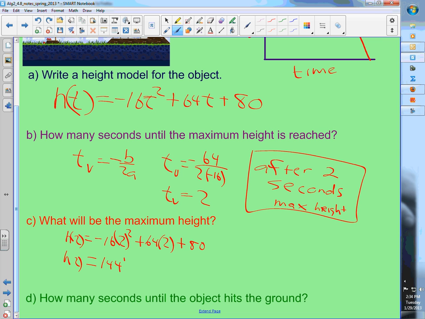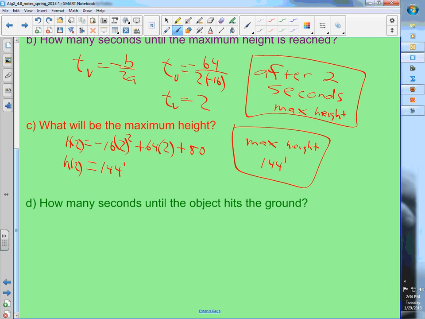So h of 2 is 144, so max height is 144 feet before the Angry Bird starts hitting the ground. And then the fourth question, how long till it hits the ground? Plug in 0.